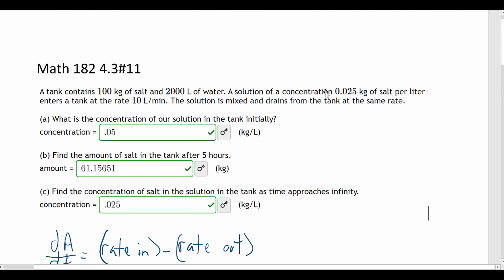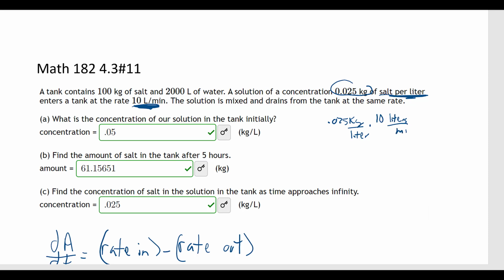Now the rate in is given to us: 0.025 kilograms per liter, times 10 liters per minute.